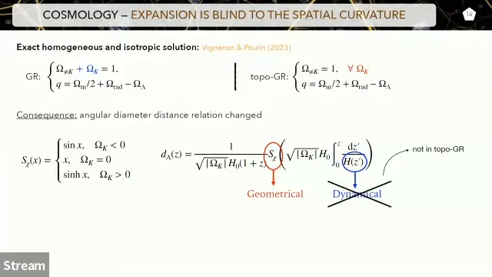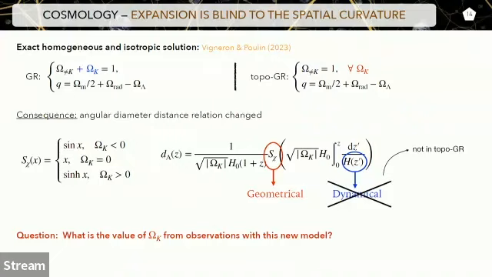Or is it a measure of curvature through its geometrical effect, which is present in both theories? So the question basically is, if we reassess the evaluation of omega k from observation, do we still find something basically 0 with that modification? Or is there a non-zero curvature that appears?